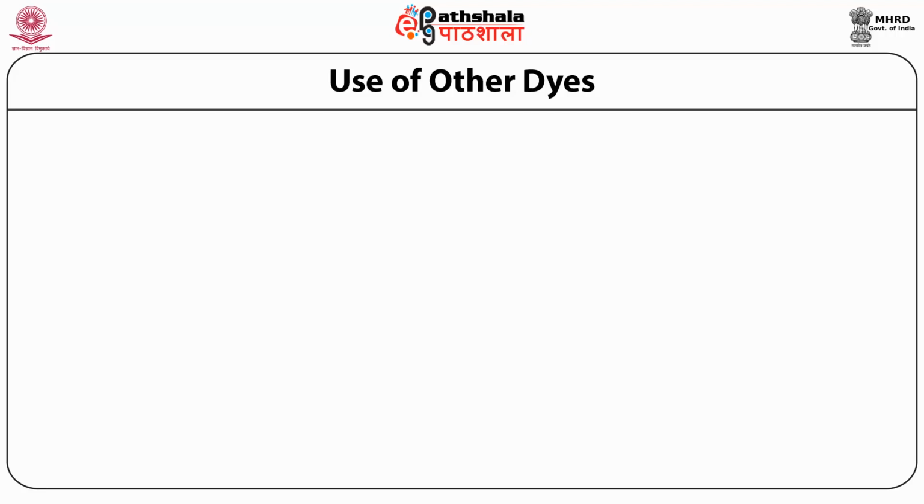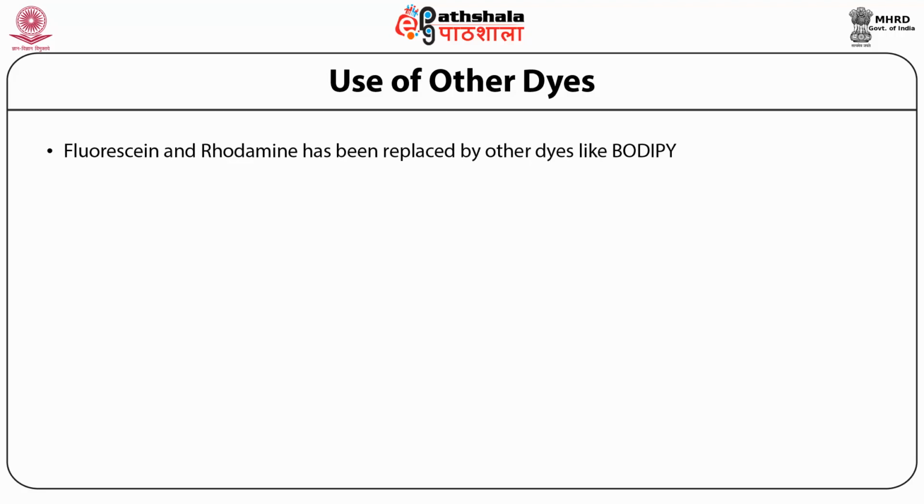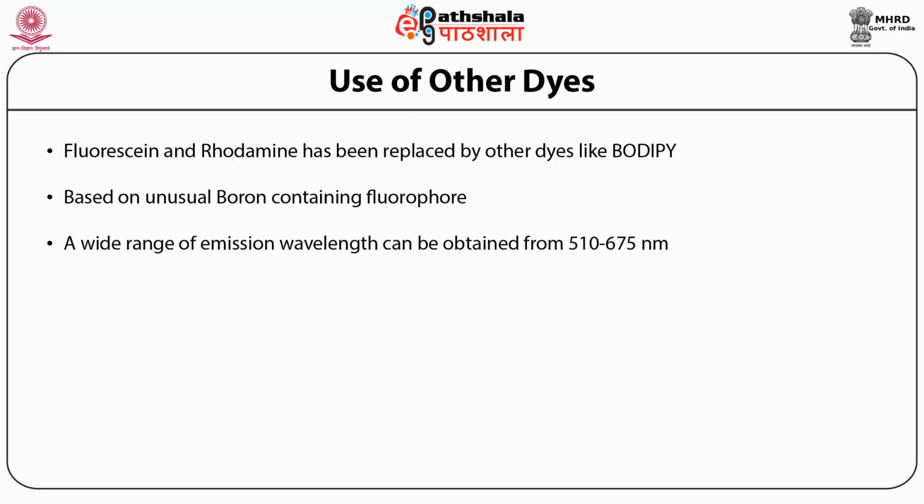One of the very commonly used dyes is BODIPY, which has replaced fluorescein and rhodamine. It is an unusual boron-containing fluorophore, and a wide range of emission wavelengths can be obtained from BODIPY, from 510 to 675 nanometers.